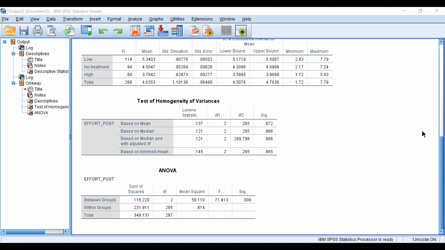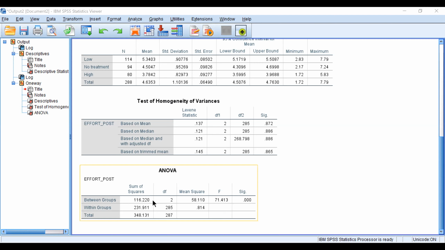So you do not want the significance level to be below your alpha for a test of an assumption. The null hypothesis is that the assumption is met, and you do not want to violate assumptions. Then we will go down to the bottom and see our results.